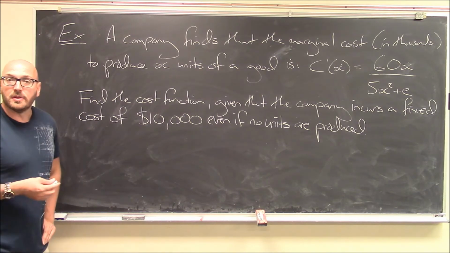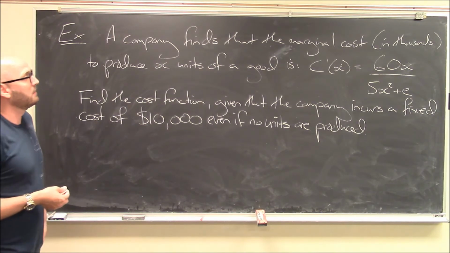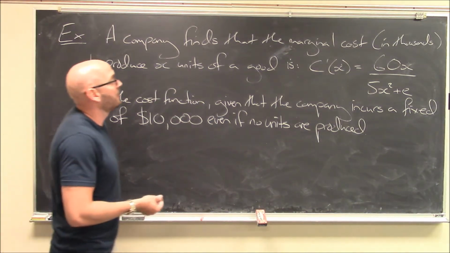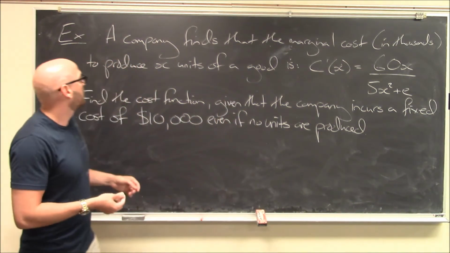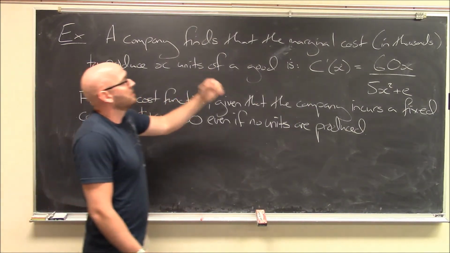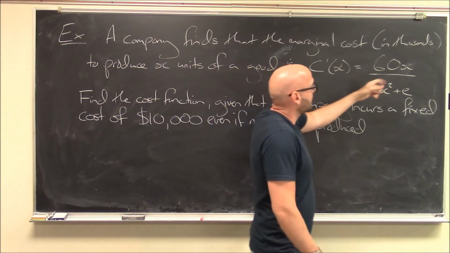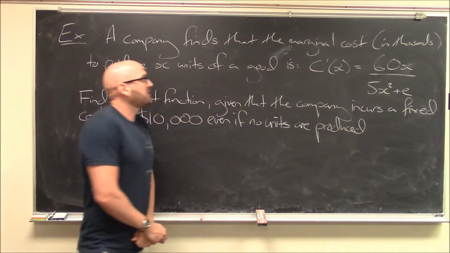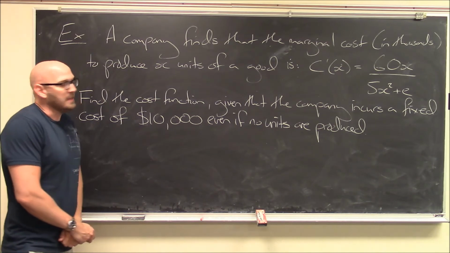All right, so a very similar problem to the ones we did at the end of last class, which is here we have a company that we're given our marginal cost function. This company is producing x units of a good, and the marginal cost function, in thousands of dollars, is 60x over 5x squared plus e.